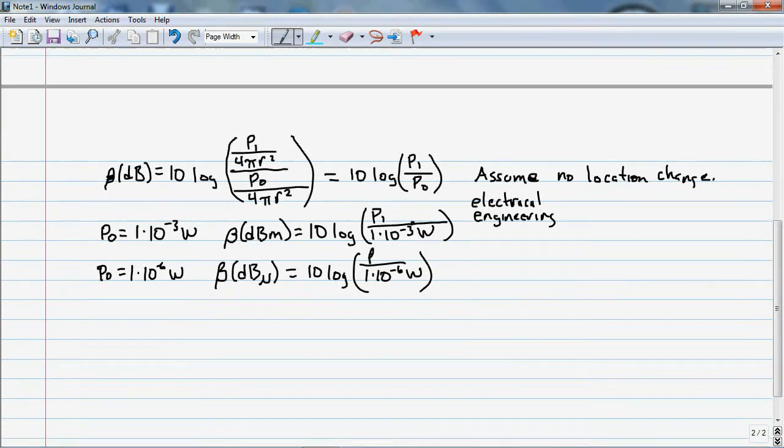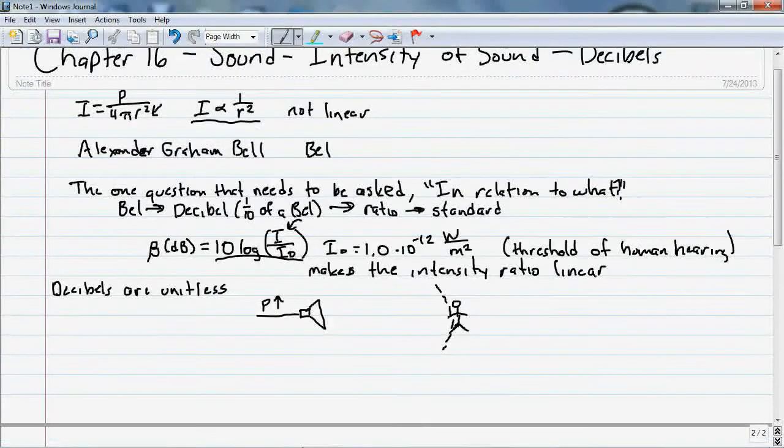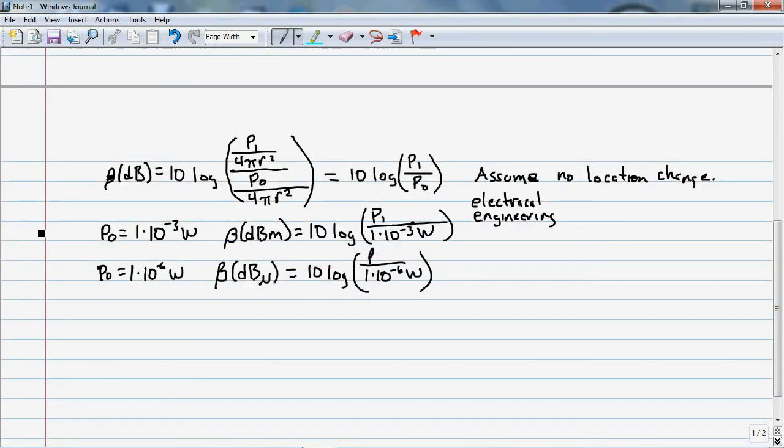You can relate it to sound here, because we're dealing with intensity, or you can relate this to electromagnetic power?